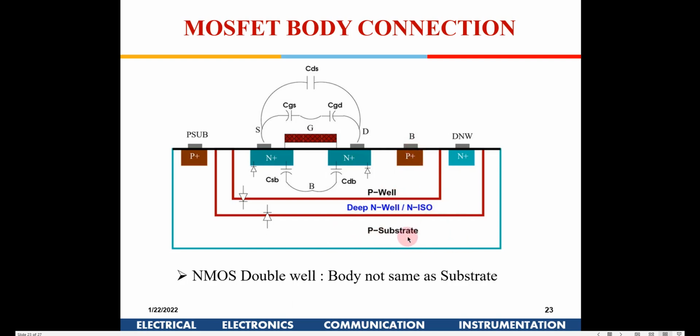This is not the global P substrate here, it is a P well specific for one set of devices or one device. Obviously it involves a greater number of fabrication steps in that case. So that depends on the specific application. So we can give a separate voltage to these bodies also.